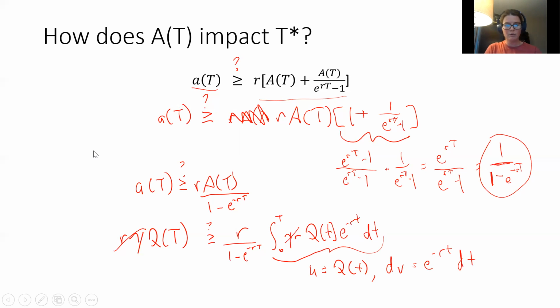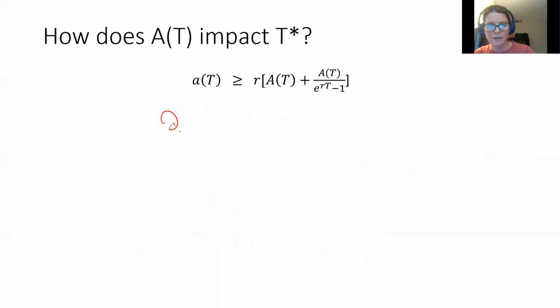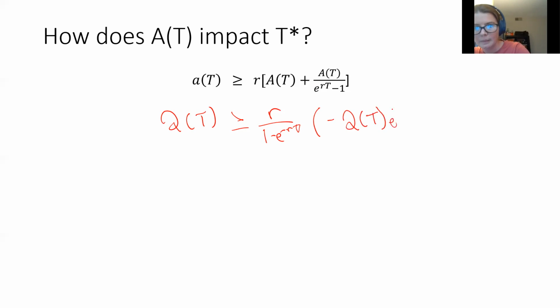If we do that, we're going to be left with this thing, plus Q prime of t, the derivative of Q(t). So go through that exercise yourself, so that you can get this from integrating by parts.